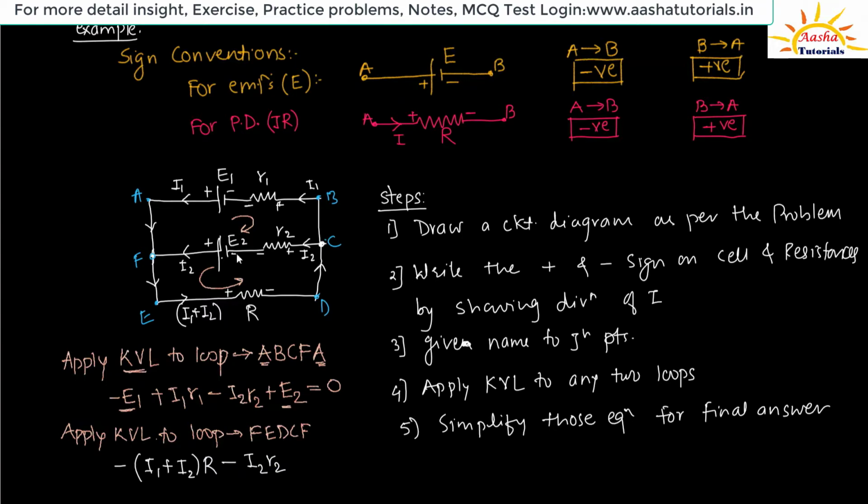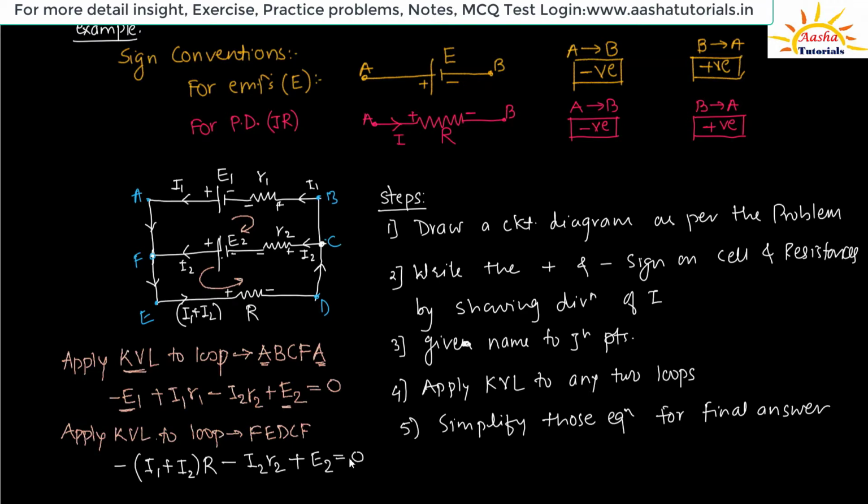Then here we have cell E2, and we are going from minus to plus, so the sign is plus. So plus E2, that I'll write. And the loop is over, so that is equal to 0. So we get another equation by applying KVL to loop FEDCF.